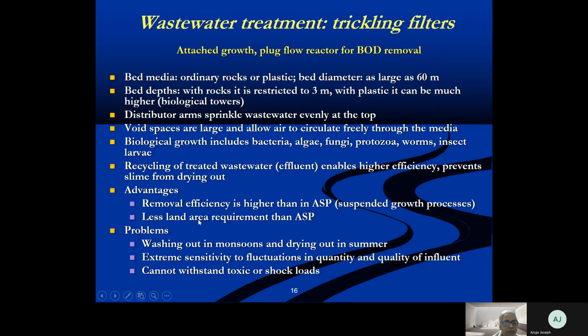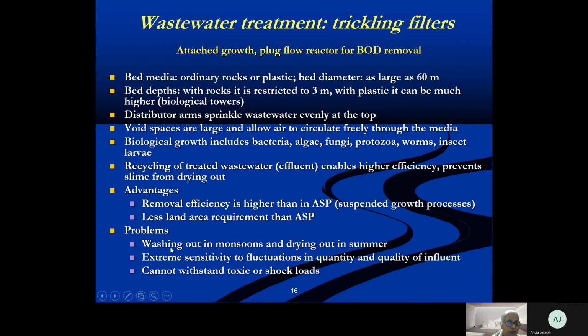So it is extremely sensitive. The first point is removal efficiency is higher, but it's also extremely sensitive to fluctuations in quantity and quality. There is no dilution. That dilution, which helps in buffering these fluctuations, is not there over here. So it cannot withstand toxic or shock loading. That is the biggest problem.